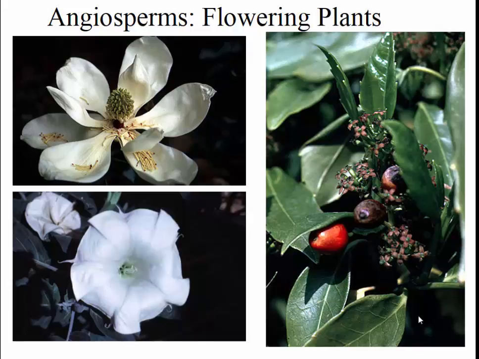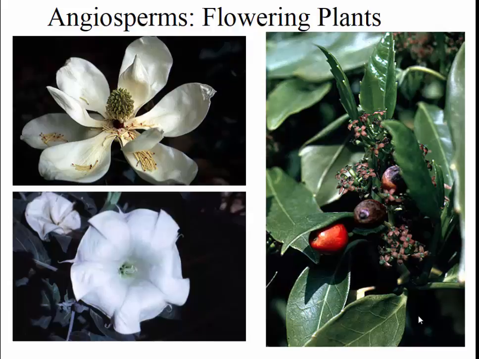This slide shows three members of the flowering plant families of the 400 families and the 350,000 species. Up in the upper left, we see the magnolia flower after the stamens that look like little matchsticks have fallen.